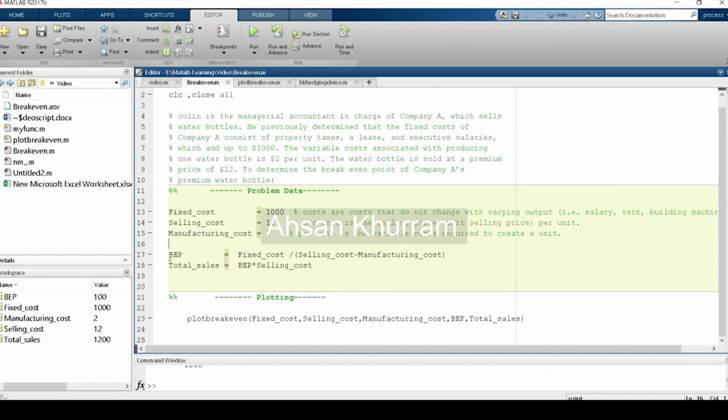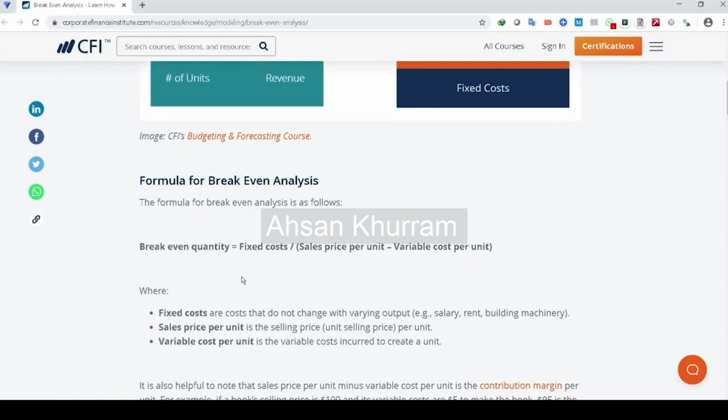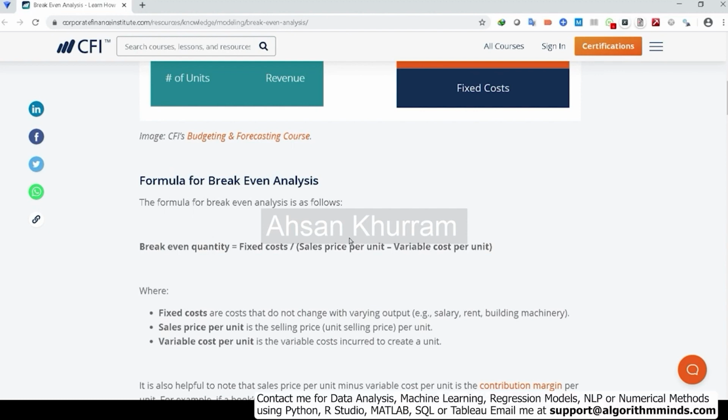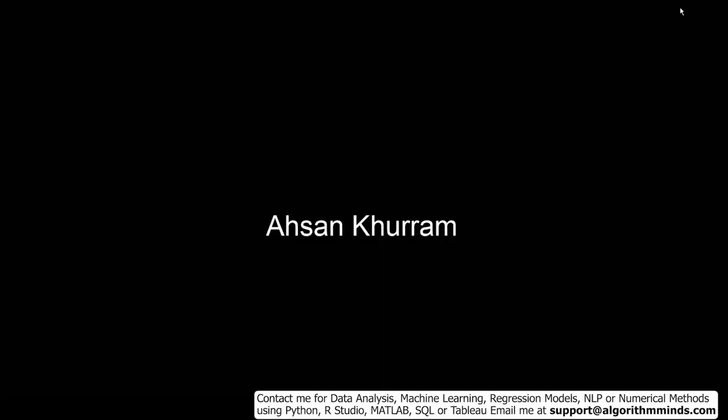In line 17, I have declared a variable called BEP, which is my break-even point or break-even quantity, and I have equated it to the break-even analysis formula. As you can see from this side, break-even quantity is equal to fixed cost divided by sale price or selling price minus variable cost, or manufacturing price in our case.